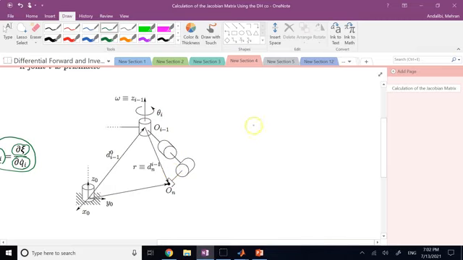What's the meaning of column 2 of the Jacobian? It means if I change my theta 2 dot from some number to another number, what's the effect of that on the end effector velocity, correct?